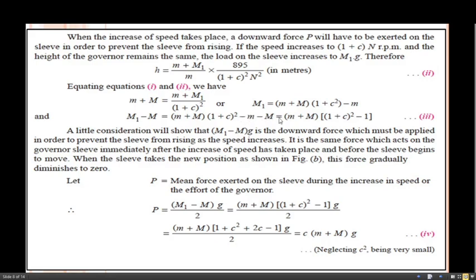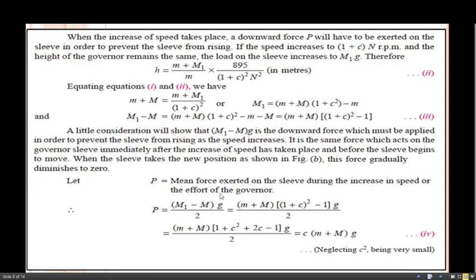What remains inside the bracket? m plus capital M. So take (m plus capital M) common from this and this term, and whatever part remains goes into the bracket. So (1 plus c) whole bracket square minus 1 will remain. Equation number next for this one.